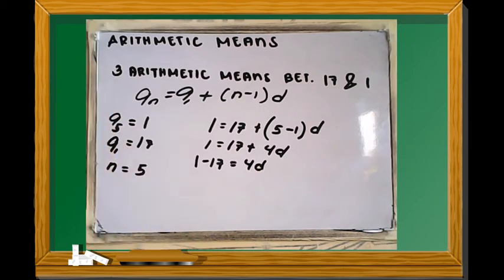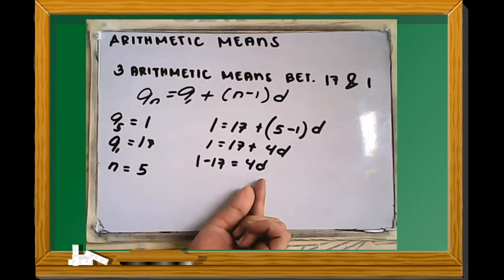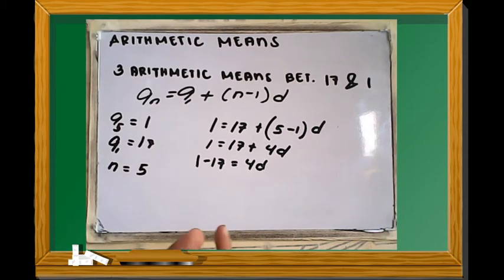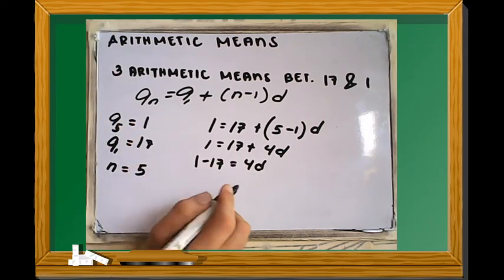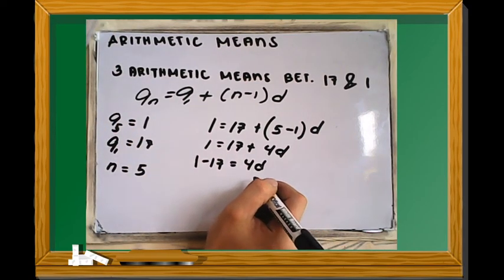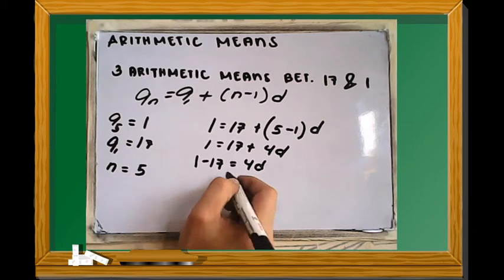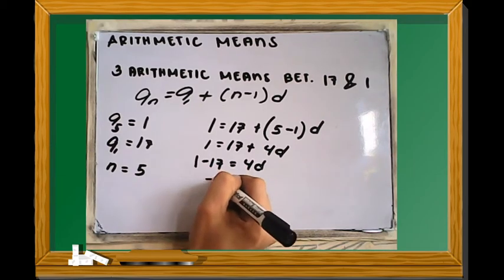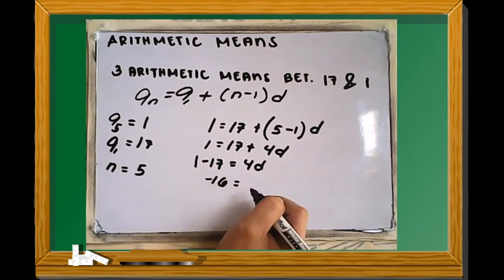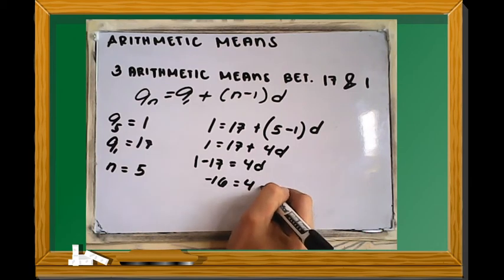Again, our target is to isolate d, or the variable, on either the left side or the right side. The standard position of the variable should be on the left-hand side, but I will consider this in this situation. So 1 minus 17 is negative 16, and then 4d.